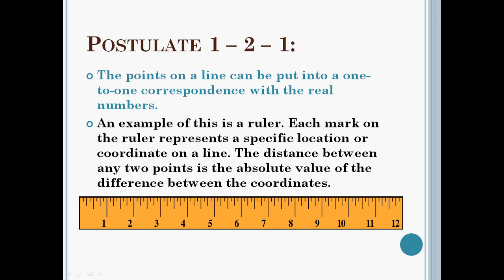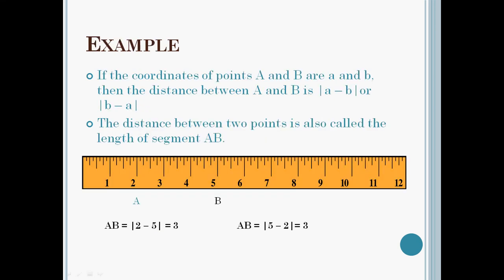Let me show you an example. If we have 2 points, A and B, and A is located, as we see here, at 2, and B is at 5, the length of the segment AB would be the absolute value of 2 minus 5, which is 3, or 5 minus 2, which is also 3.